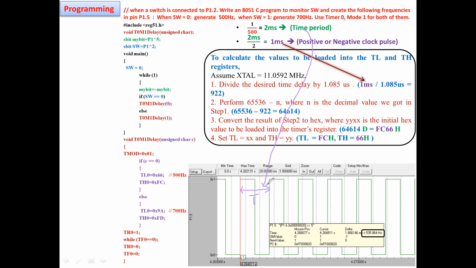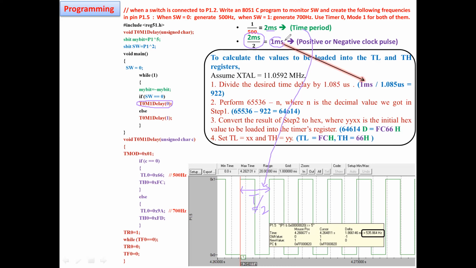The next step is, the delay function which we have seen till now is only for one positive half cycle. So the time period we obtained, I can divide by 2. I'm dividing this time period by 2.